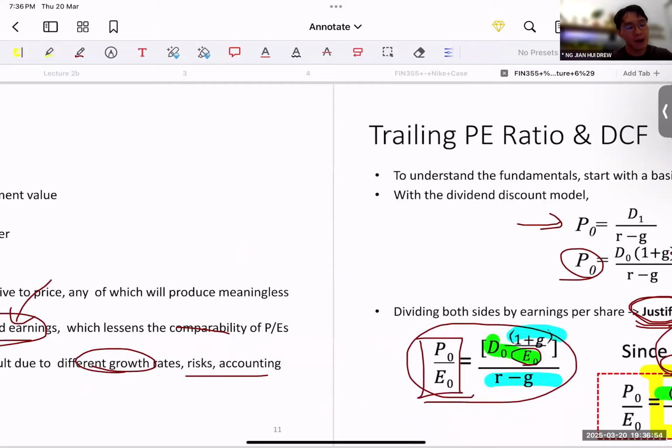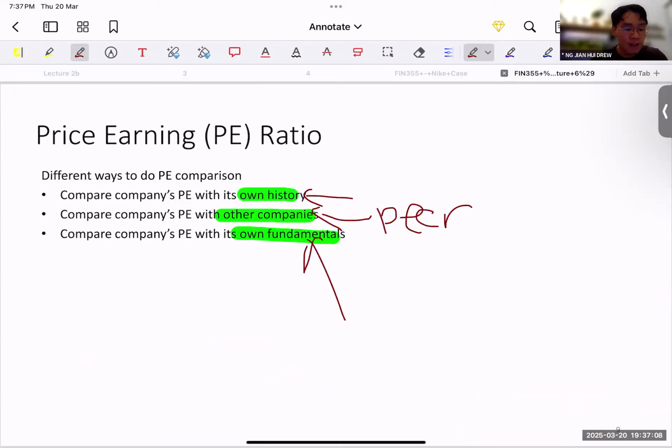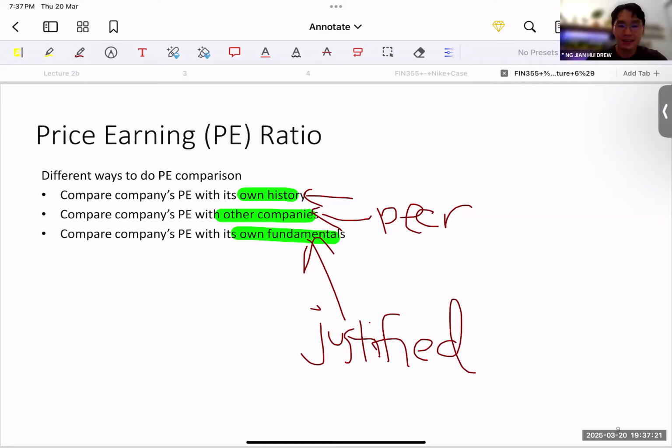So remember, I'm just going to flip back here. Remember I said that for PE you can use a few things. We can use the historical, compare it with other companies, which are the peers, and then its own fundamentals, and this is where you have the justified number.